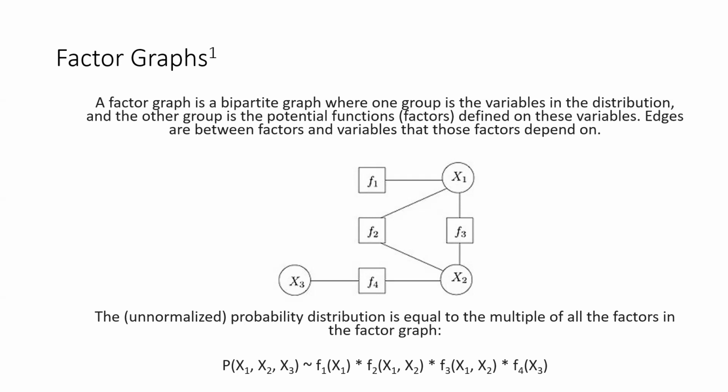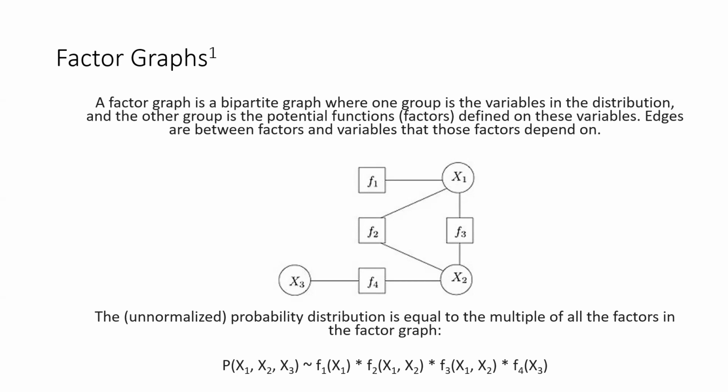So the factor graph is a bipartite graph where one group of nodes defines the random variables, exactly as in undirected and directed graphical models. Another group of nodes defines the potential functions, the factors, which define the unnormalized probability distributions that combine the adjacent variables. Okay.